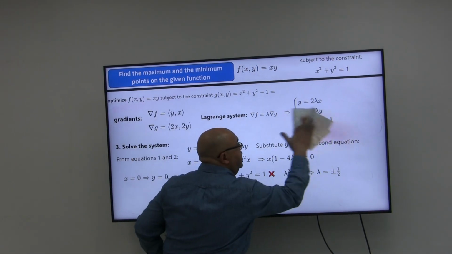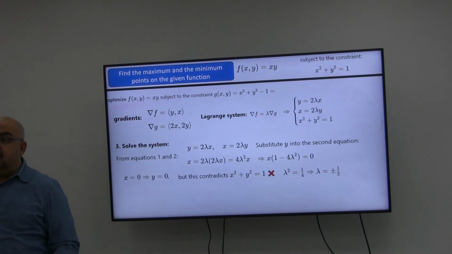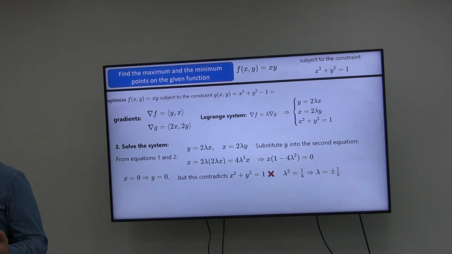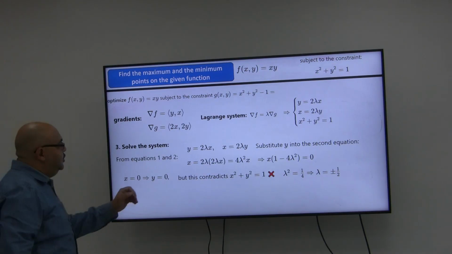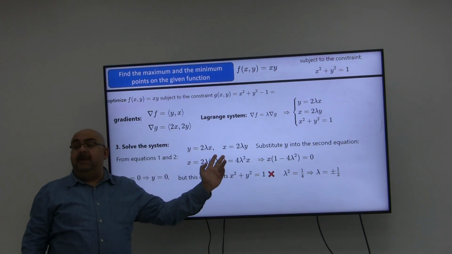So we came to the point that lambda equal to plus or minus half. What am I going to do? I have the value of lambda. So I will try to test my waters. I will take lambda and start substituting in these two equations.